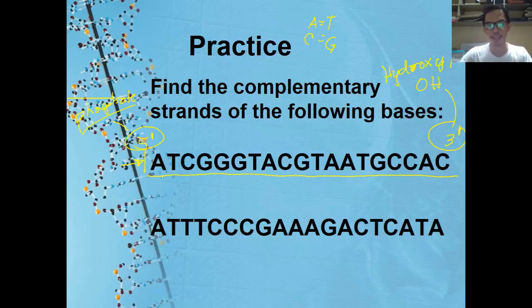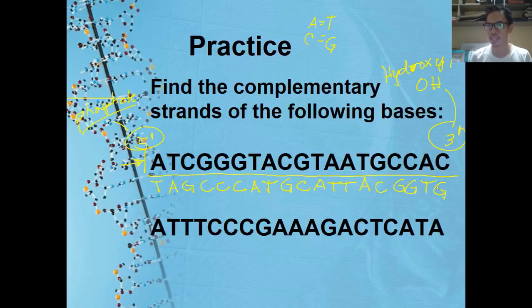We have here A is paired to T, T is paired to A, then C is G, then C. Next one, we have A over here, we have T, then on this letter we have G, we have C, we have A, we have T. Alright, so we have A again, we have C, we have G, we have G, we have T, and finally we have G.